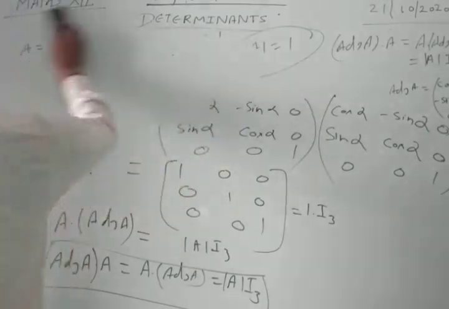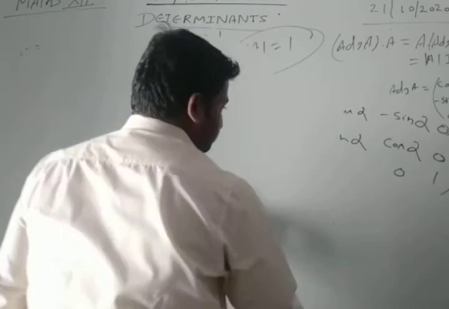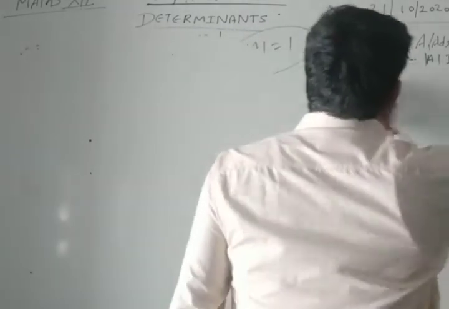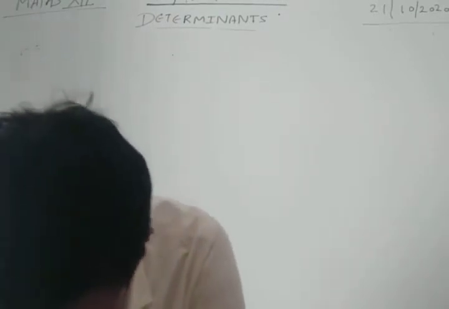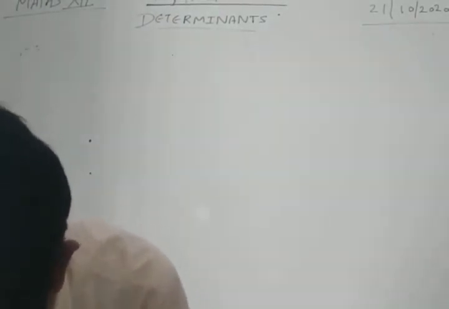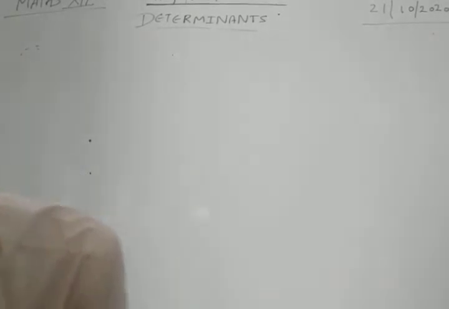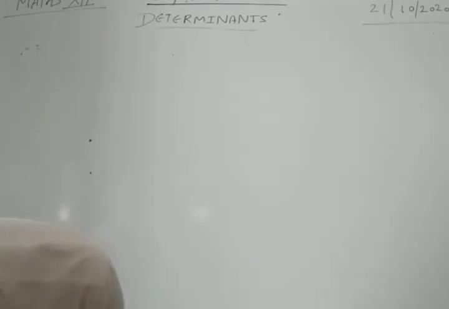So the next question is: two schools P and Q want to award their selected students on the values of tolerance, kindness and leadership.